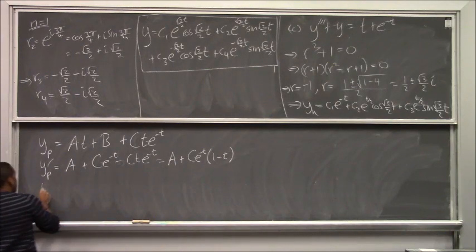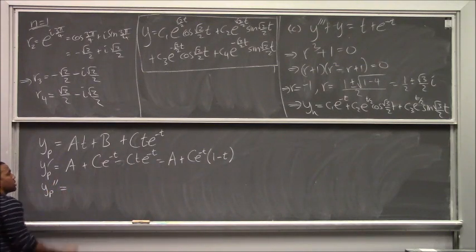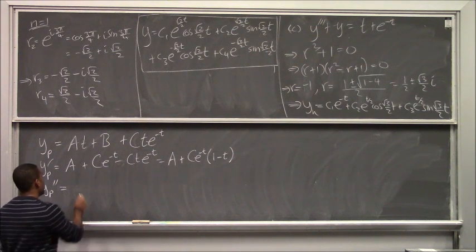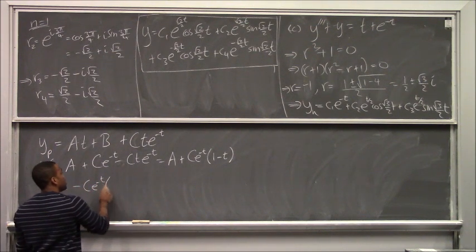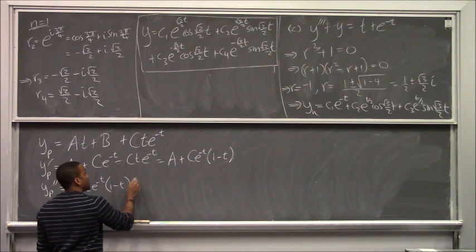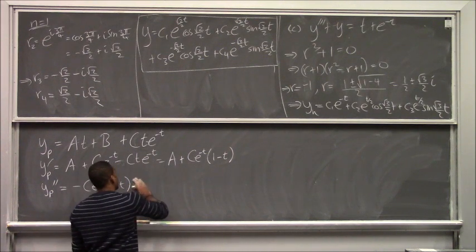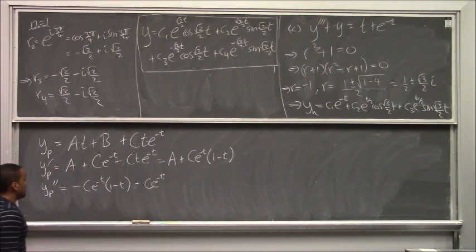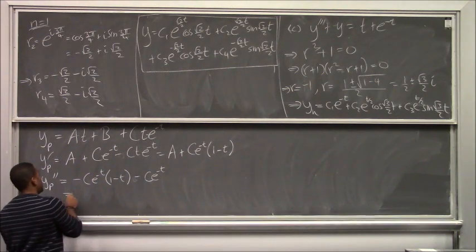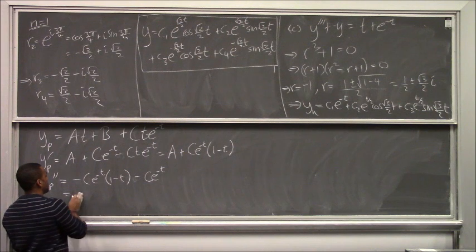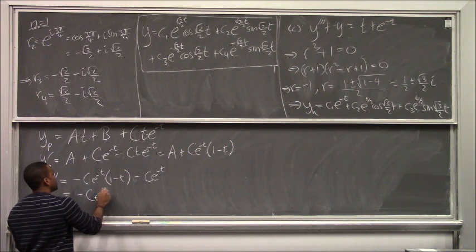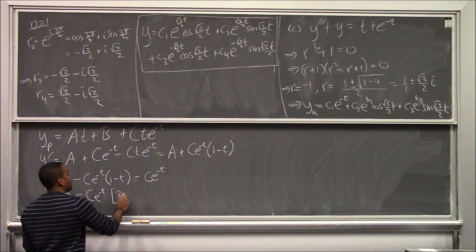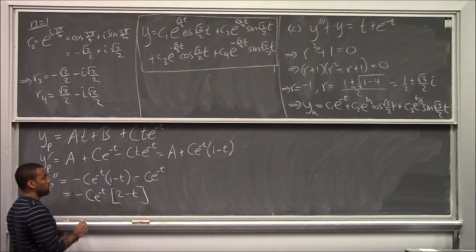Then I can find the second derivative. Differentiate A, it goes away. Differentiate that one: minus C e to the minus t times (1 minus t) plus minus C e to the minus t. This is equal to minus C e to the minus t times (2 minus t), right? Nice.